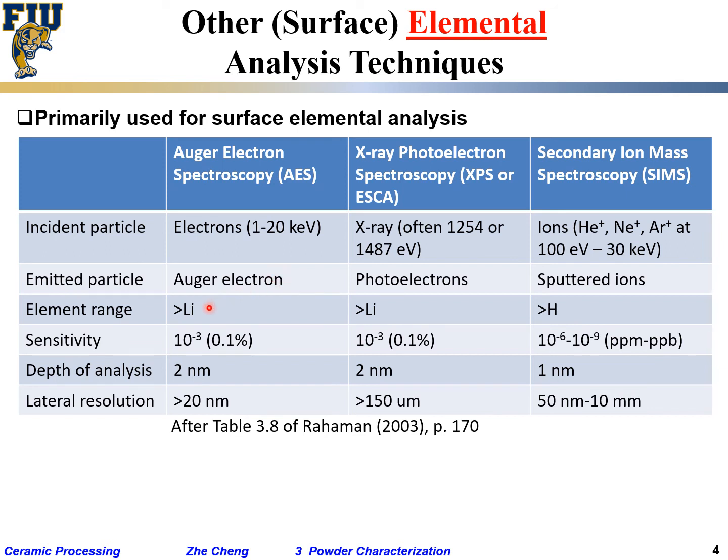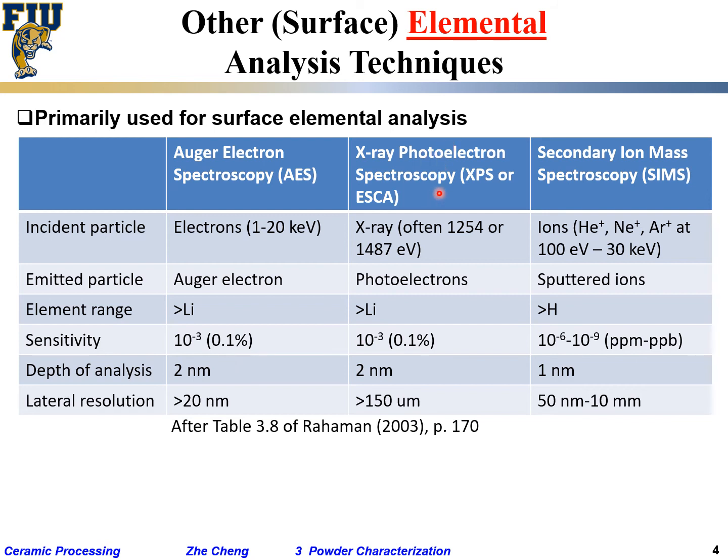It can detect elements heavier than lithium. It is not very sensitive, about 0.1%, and the depth of analysis covers only the very thin surface layer, 2 nanometers. Spatial resolution is 20 nanometers or so.